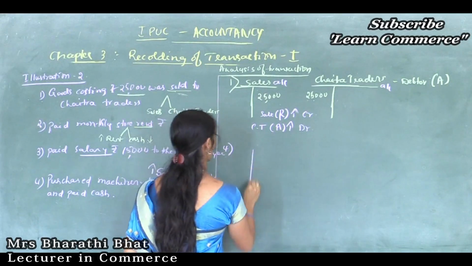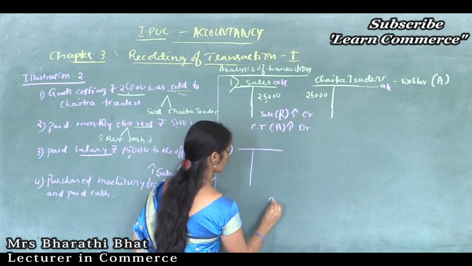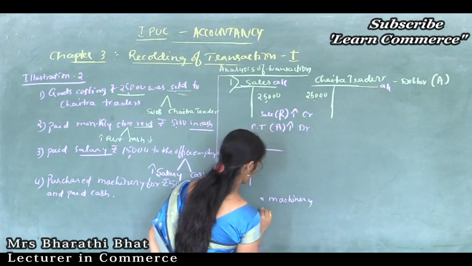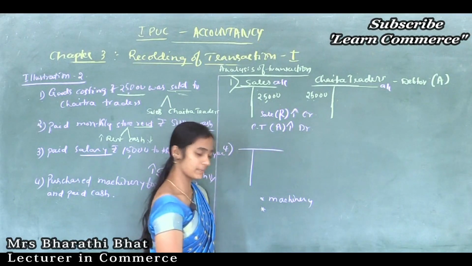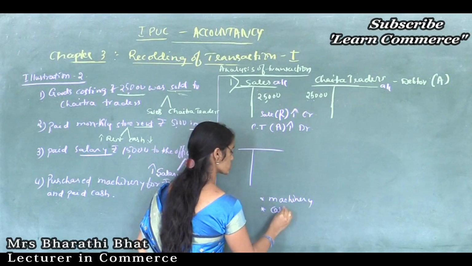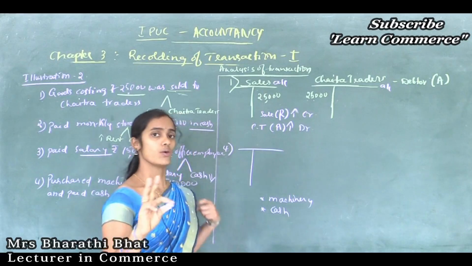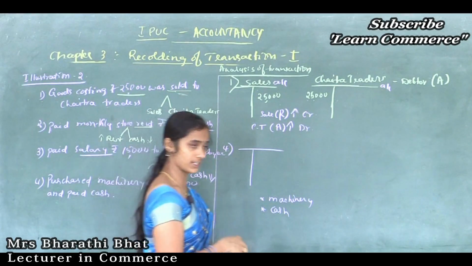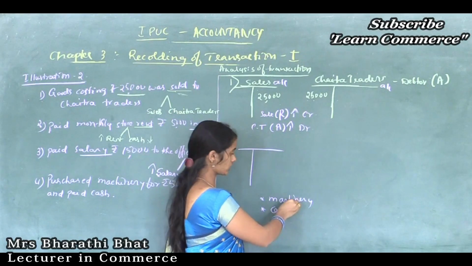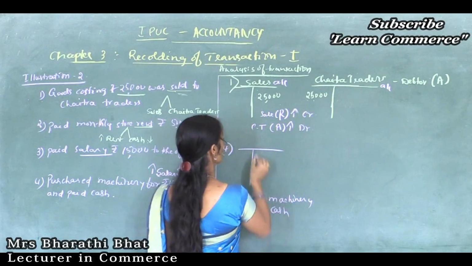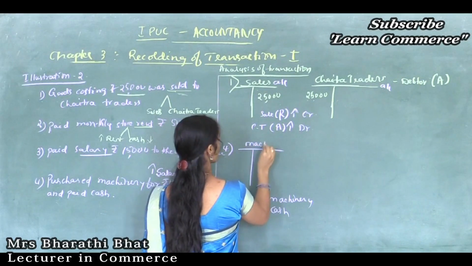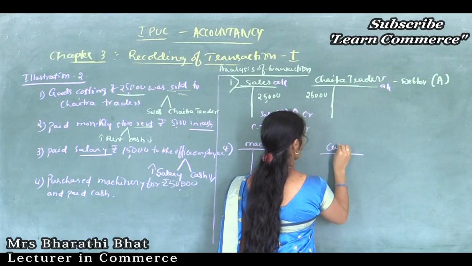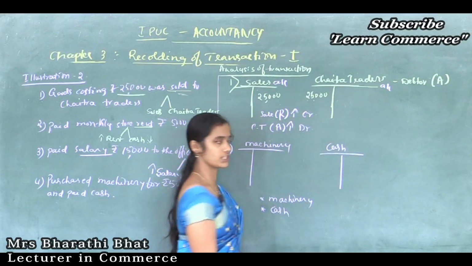So of course one account is machinery account. And another, we paid cash when purchasing machinery, so cash account is affected. So the two accounts affected in the fourth transaction are machinery and cash account, because by paying cash we purchased machinery.